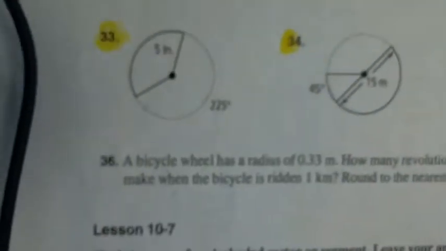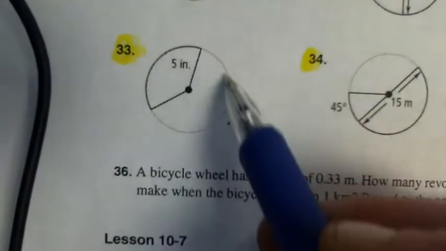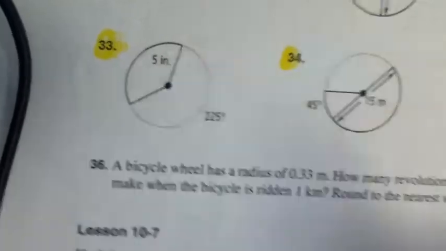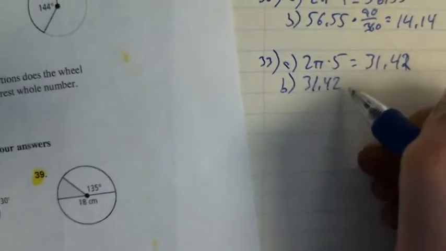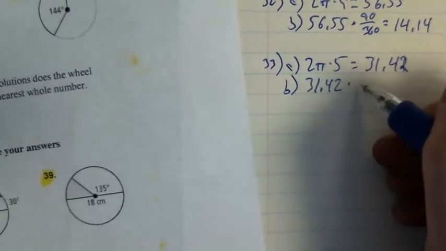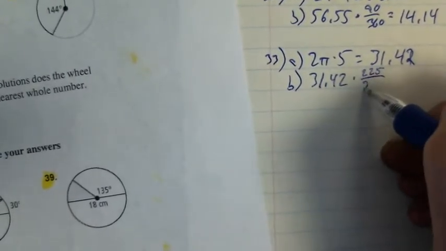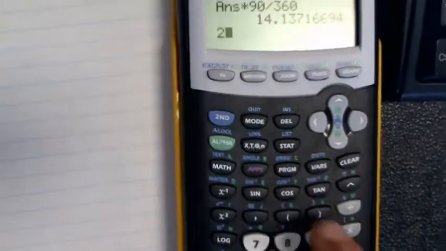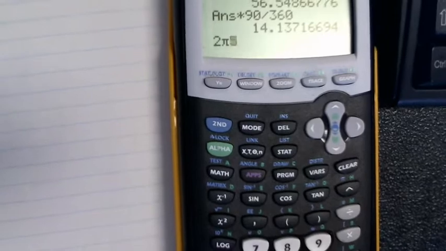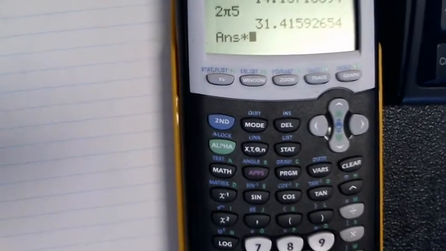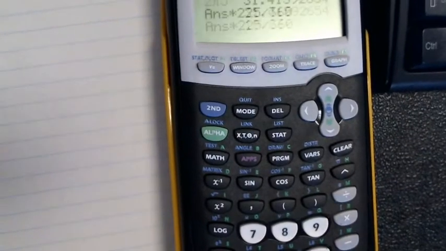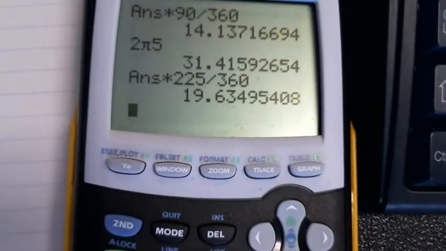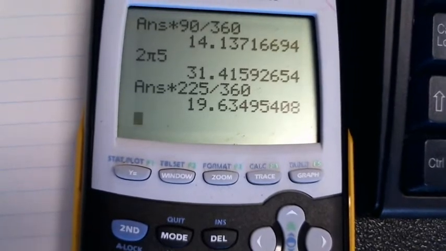And then we have 225 degrees worth, 225 out of 360. So that's 2 pi times 5, and then we multiplied that by 225 out of 360. That's 19.63.